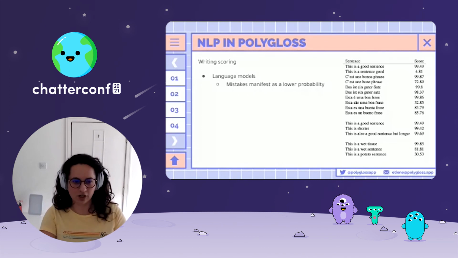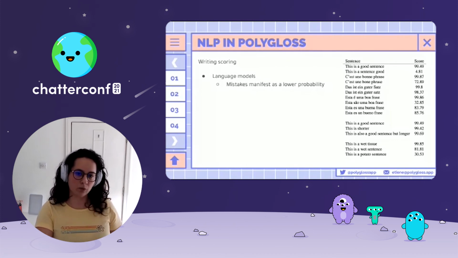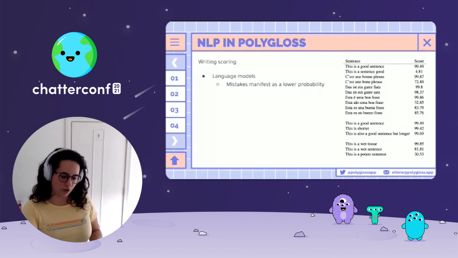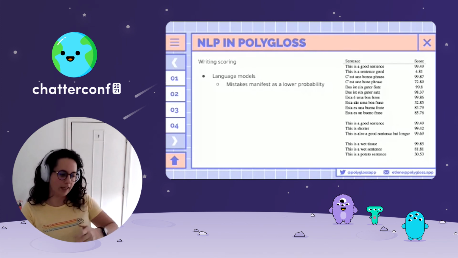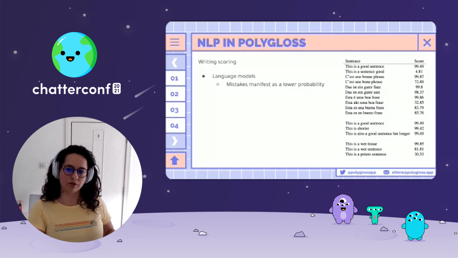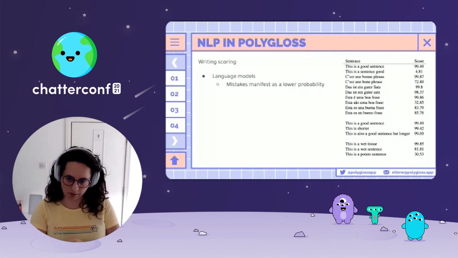So remember what I said about language models, that it gives you a score, it gives you the probability of how likely is a sentence. I was very interested in seeing what would happen in different levels of language proficiency in that probability, in that score.